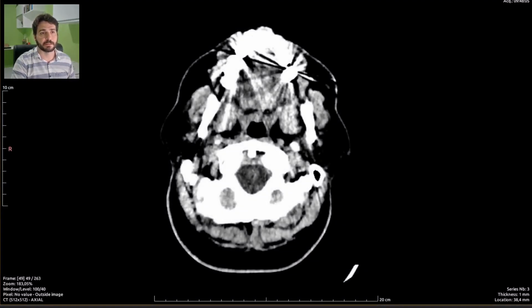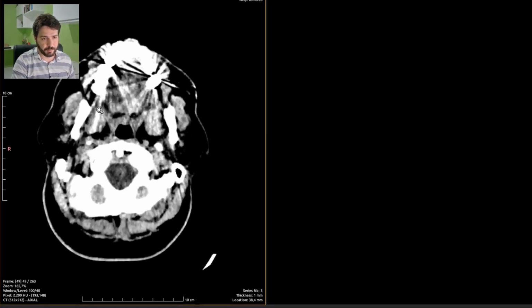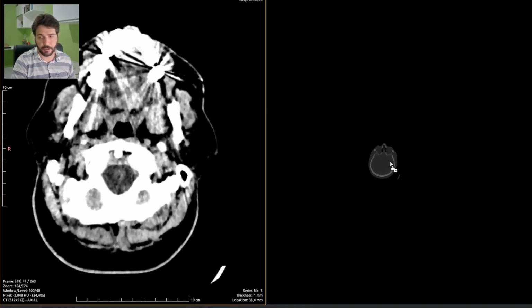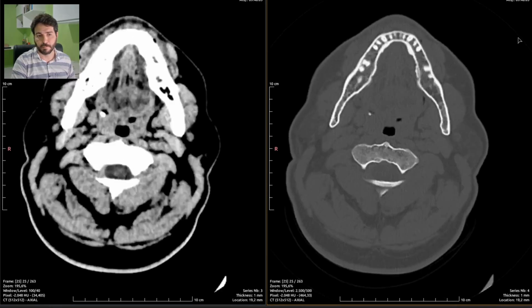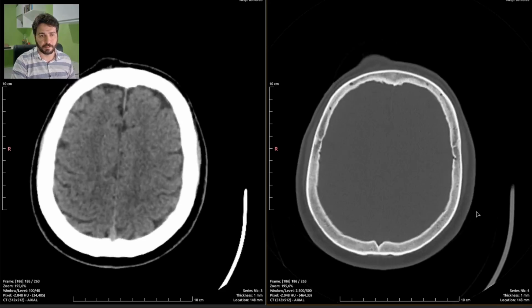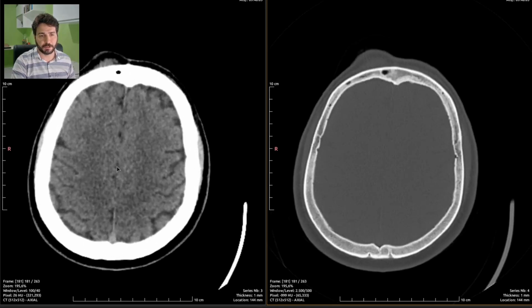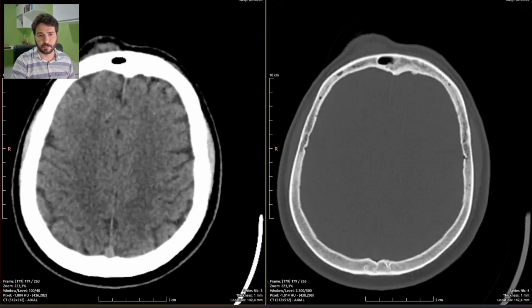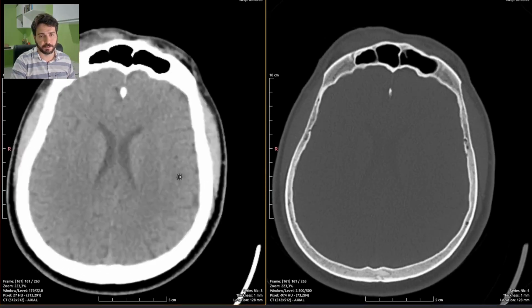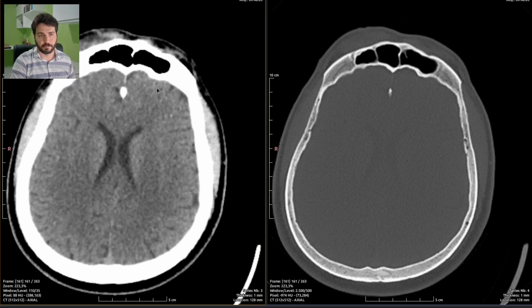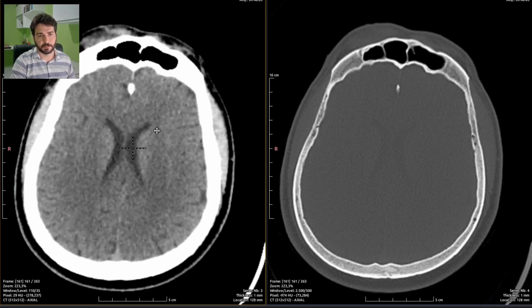Let's get side by side a brain parenchyma window and a bone window. So let's check for brain lesions. I know you guys have already seen the very large soft tissue hematoma.